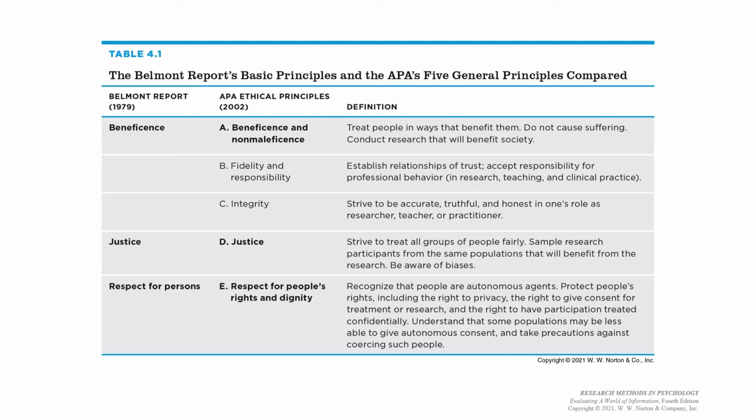Some people can't give autonomous consent, and sometimes people are coerced. This is a ticklish issue. So, for example, some people say, I'm going to do a really wonderful study. I'm going to go into an underserved population. I'm going to pay them handsomely, $50 to do my study, and I'll have a great study with an underrepresented population.